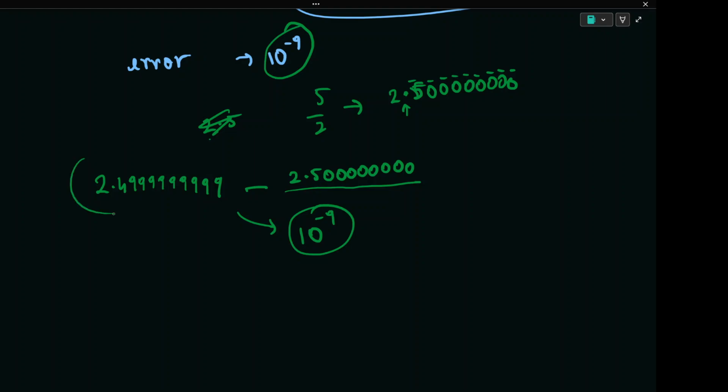If you subtract this, just learn about the error, guys. But this is the basic idea. This will be considered as a correct answer. 2.499999 will be considered a correct answer because when we subtract it, it will be less than 10 to the power minus 9. That is the error part.